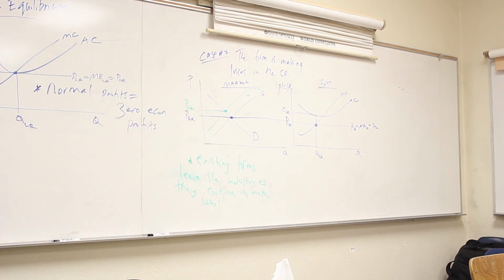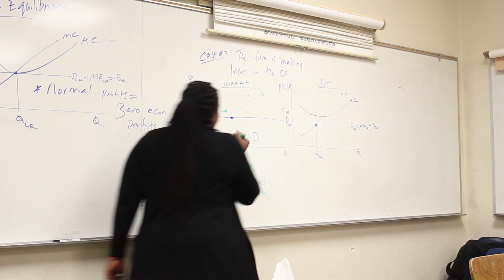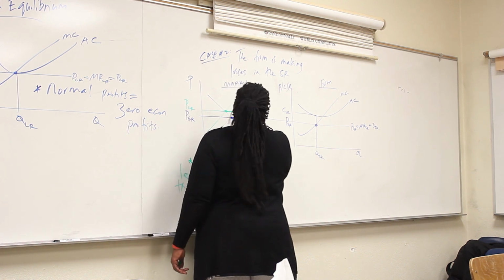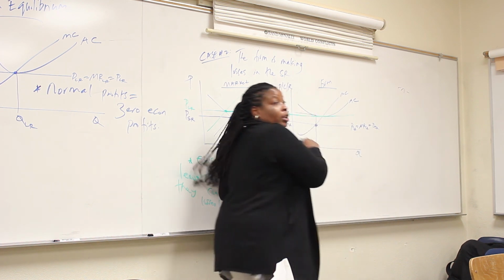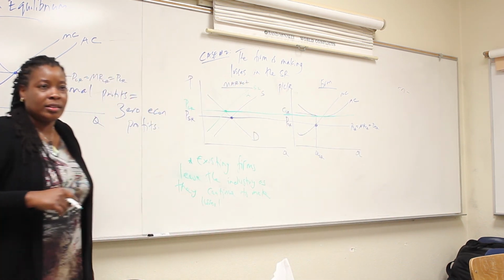Now if the market says the new price is P long run, can the firm continue charging P short run? No. They're going to have to take that new price, which means the new price for the firm, when you bring it over, coincides with the bottom of the AC.